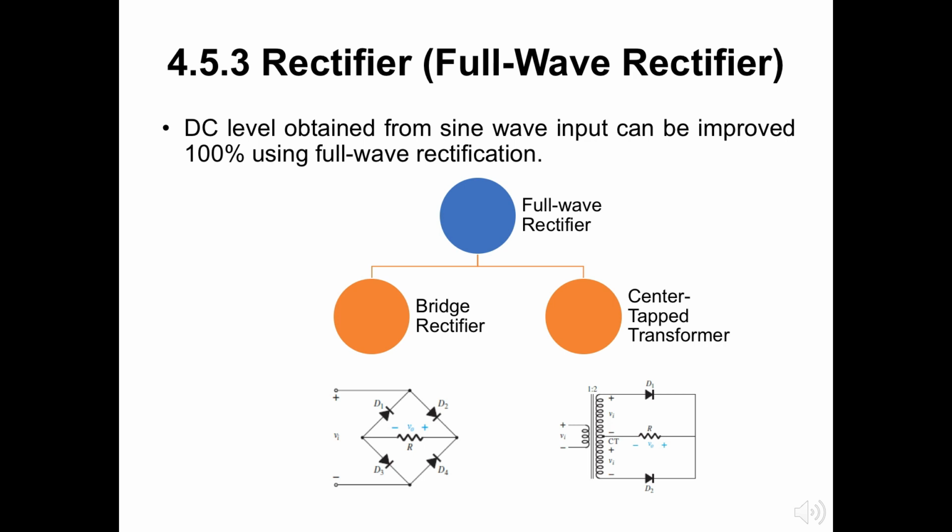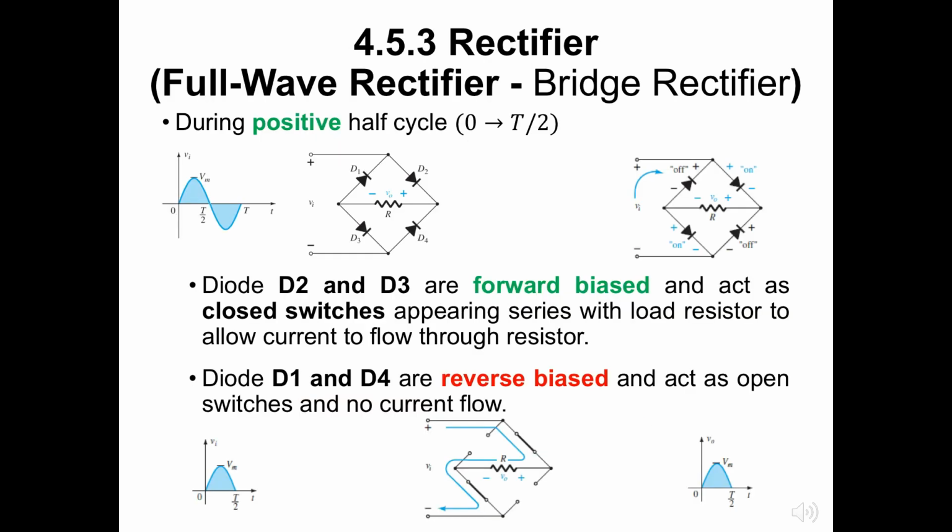The DC level obtained from a sinusoidal input can be improved 100% using a process called full-wave rectification. Here, the full-wave rectifier is classified into two types, the bridge rectifier and the center-tapped transformer. The most familiar network for performing such a function appears in the top left figure with its 4 diodes in a bridge configuration.